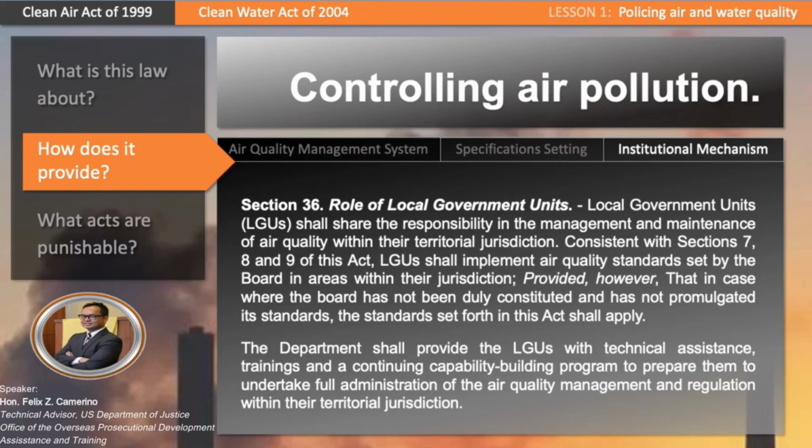The responsibility of local government units is that they are to share in managing and maintaining air quality within their territorial jurisdiction. They have to follow the earlier framework that I mentioned, the integrated framework, and of course the action plan that came out of it.